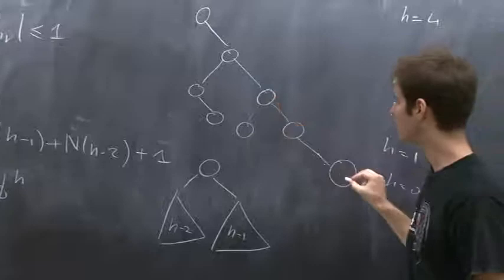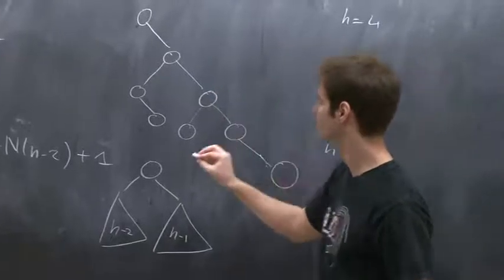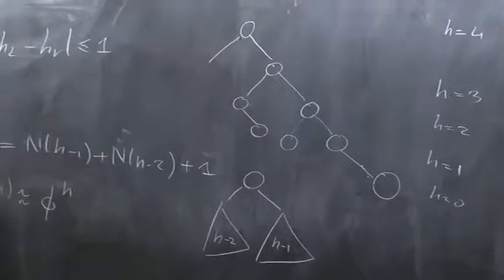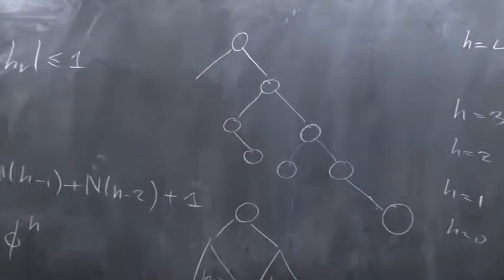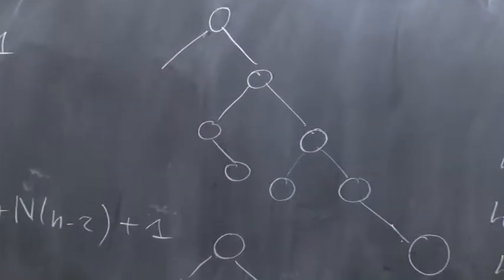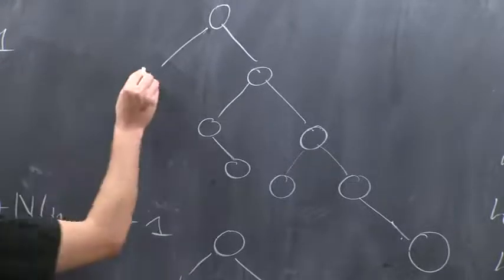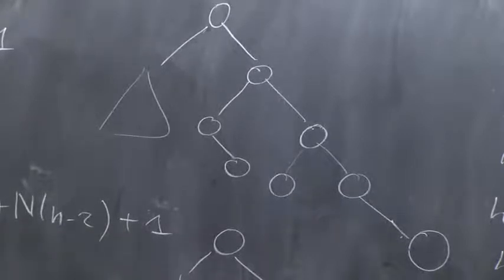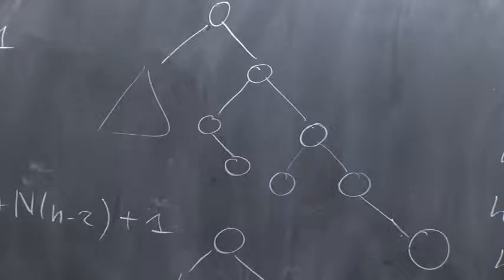So this covers my right side. Now for my left side, what am I going to use here? Another AVL tree that has as few nodes as possible, right? So I'm definitely keeping that. But what's going to be the height of that? We want the difference to be less than or equal to 1. Yeah, otherwise it's not an AVL tree.